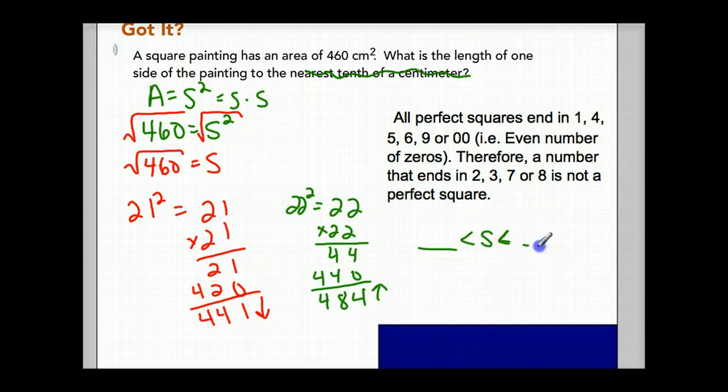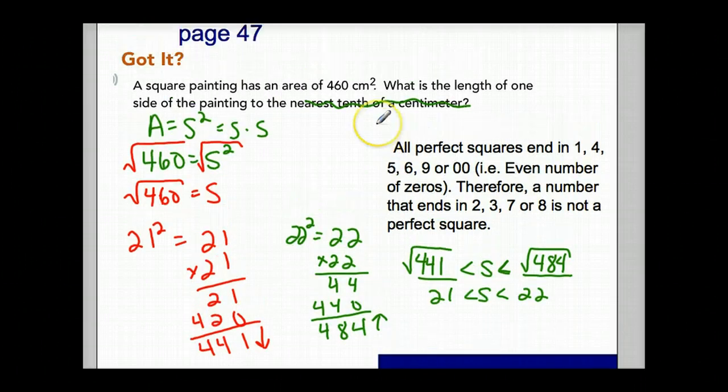And what is s in between? s is in between the square root of 441 and the square root of 484, which we now know is 21 and 22. So somewhere in between 21 and 22 centimeters is the length of one side of our painting.